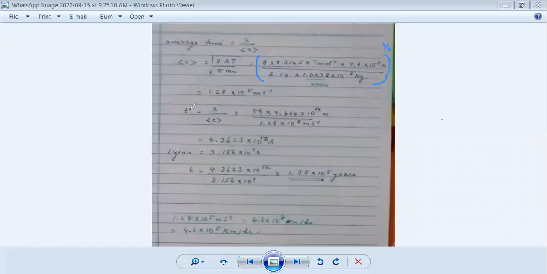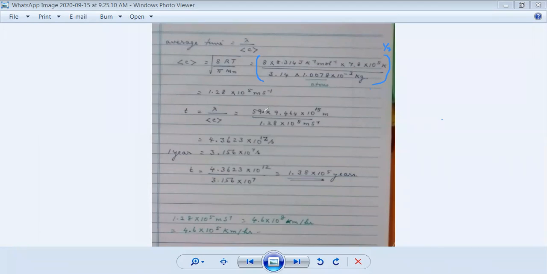So what is the time taken between two successive collisions? Lambda we have calculated, see the answer we have got. It is meter per second. So we have to substitute the lambda in meter.